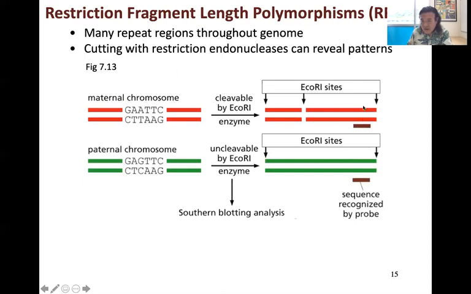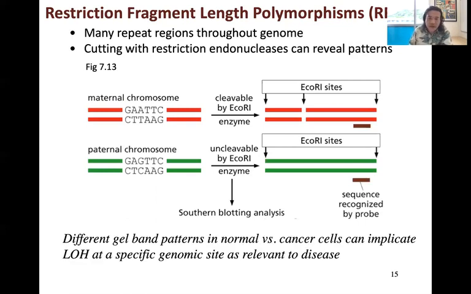But in mom's case, you would just see a smaller fragment, the right side over here, labeled with the probe. So that's one way you can run these big gels and identify if in certain tumor samples you have evidence of loss of heterozygosity, where you only have one parental allele or the other, rather than a mix of the two.